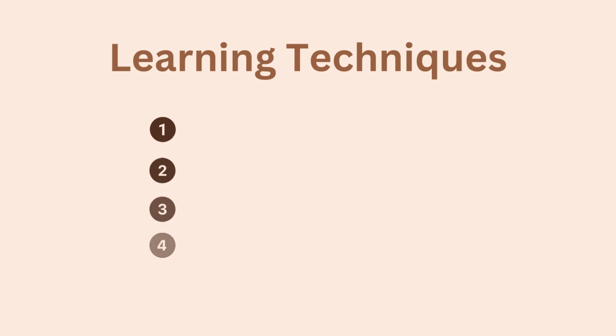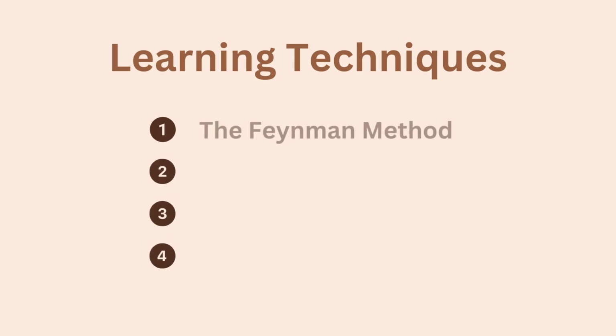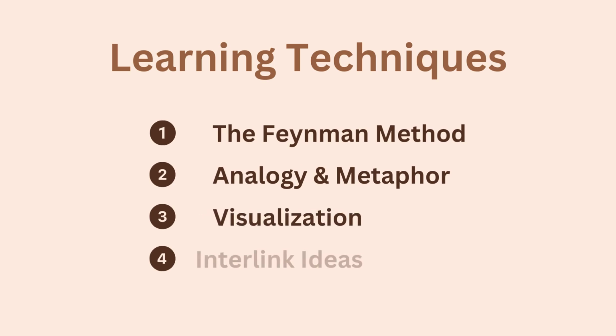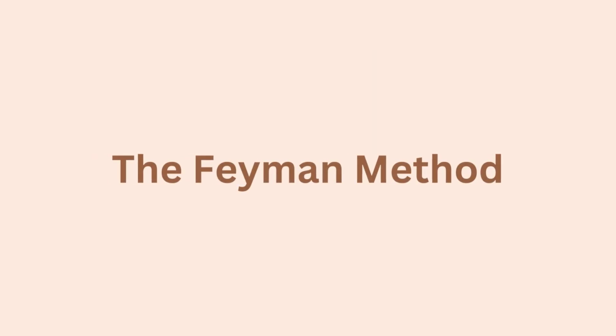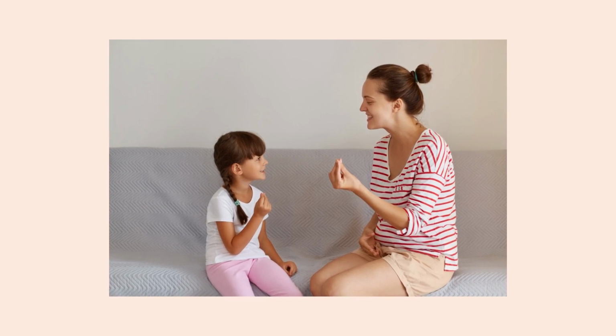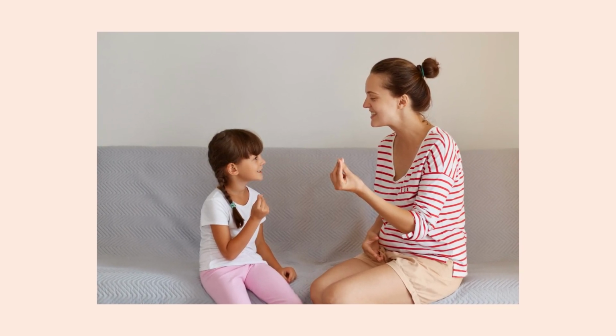The 4 learning techniques I use are the Feynman Method, make analogy and use metaphor, visualization, and interlink ideas. The Feynman Method requires you to explain a concept to a child in simple words. It begins with choosing a topic you just learned.